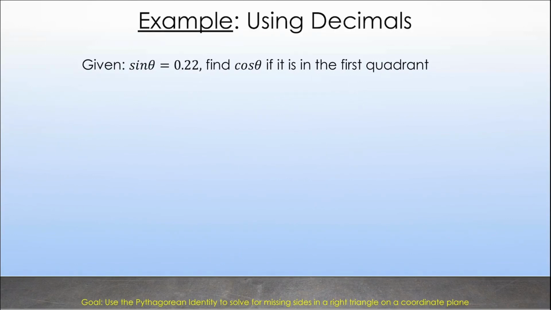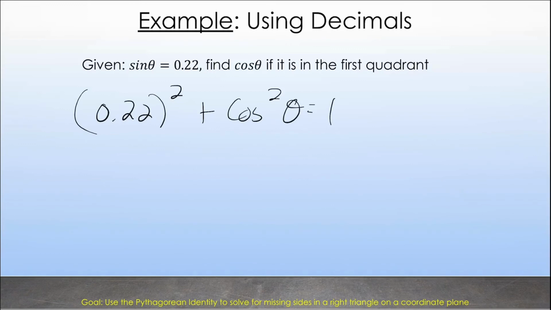Using decimals, given sine theta equals 0.22, find cosine theta if it is in the first quadrant. This needs to equal 1. Okay. So yeah, it still equals 1. So we'd say 0.22 squared plus cosine squared theta equals 1.